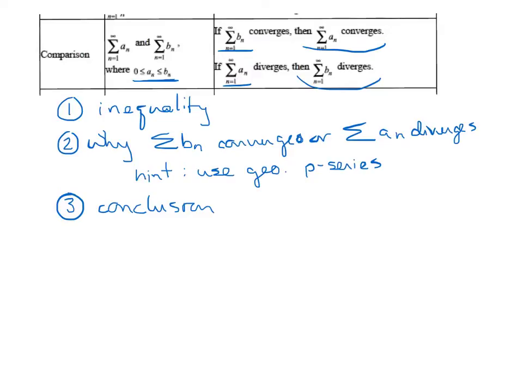All right, let's do some examples. So let's look at the sum from n equals 1 to infinity of cosine squared of n over n squared plus 1. Now, this is one where if you take a look at the full series, I notice the n squared.